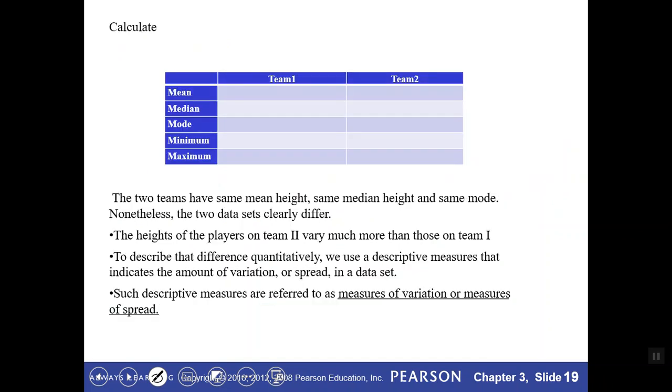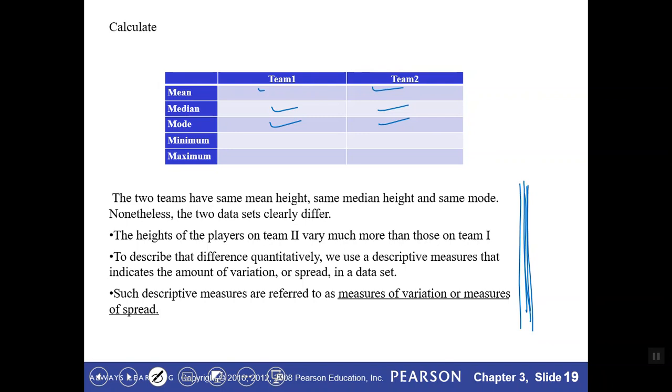You can find the mean, median, and mode of these teams, we have done it, and the minimum and maximum. As I mentioned, those two teams have the same mean height. If you calculate these values, you should be able to check these things which I have mentioned. Please try to fill this table and check whether these things are true or not.